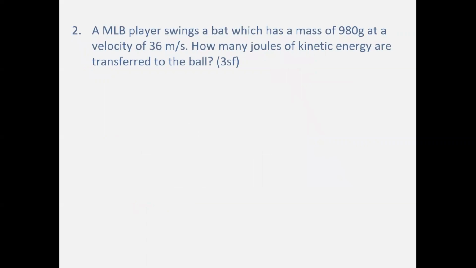Right, for question 2, it says an MLB player swings a bat which has a mass of 980 grams at a velocity of 36 meters per second. So that baseball player, okay, their bat has got a mass of 980 grams. It's got a velocity when swung of 36 meters per second.